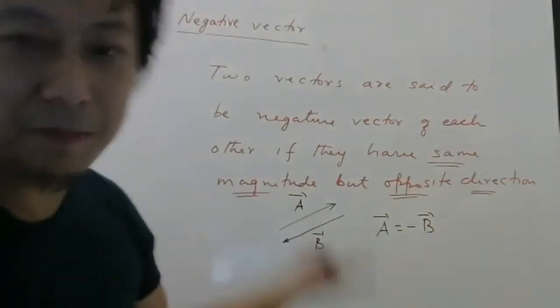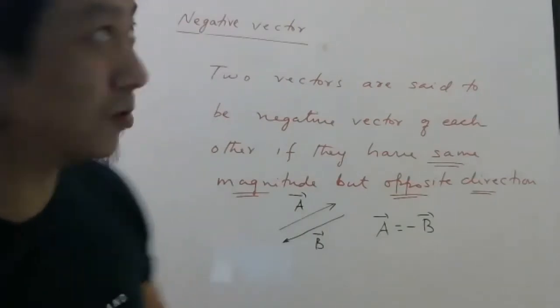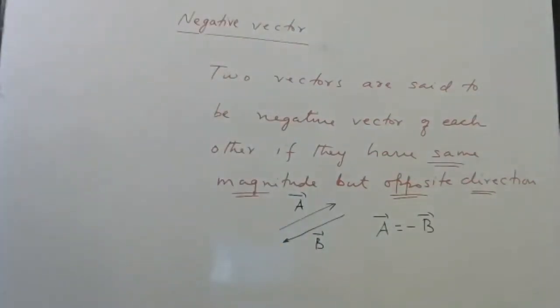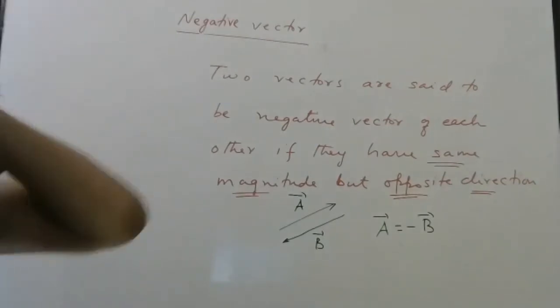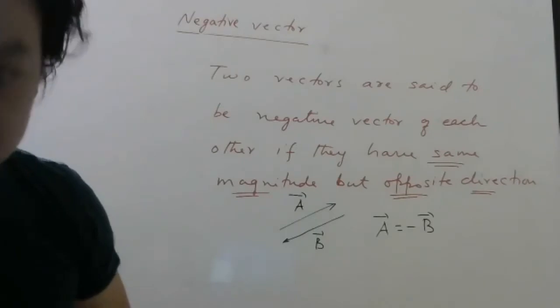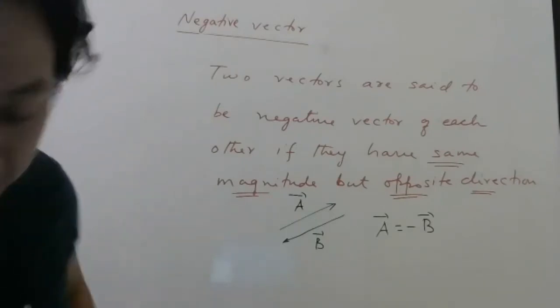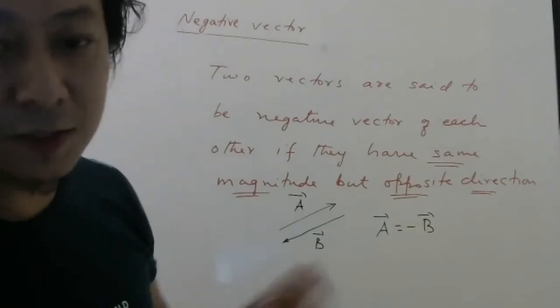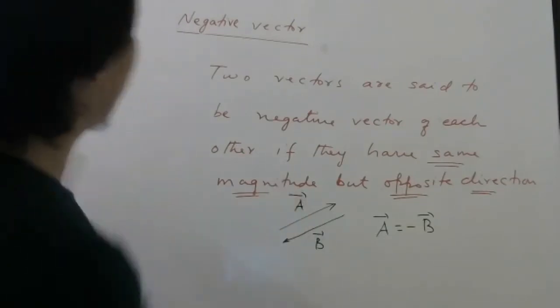Okay, or you can say B bar is minus of A bar also. Just multiply by minus sign both sides. Okay, write down. So this is the meaning of negative vector. Magnitude is same, direction is opposite of the other one.